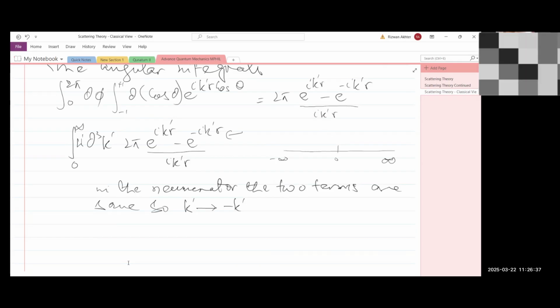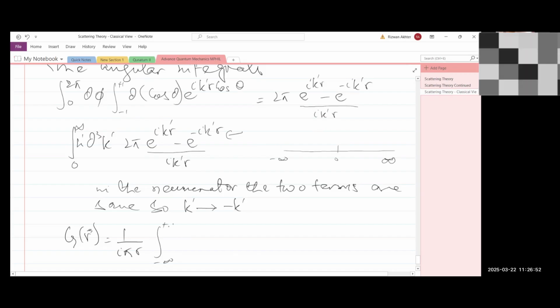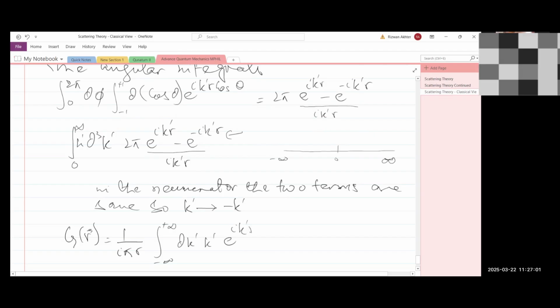And so the integral g of r would then become equal to 1 upon iota pi r, integral minus infinity to plus infinity dk prime k prime e to the power iota k prime r over k prime square minus k square.